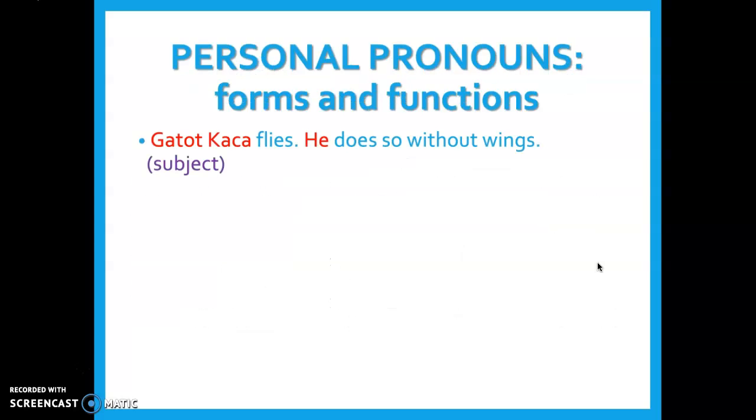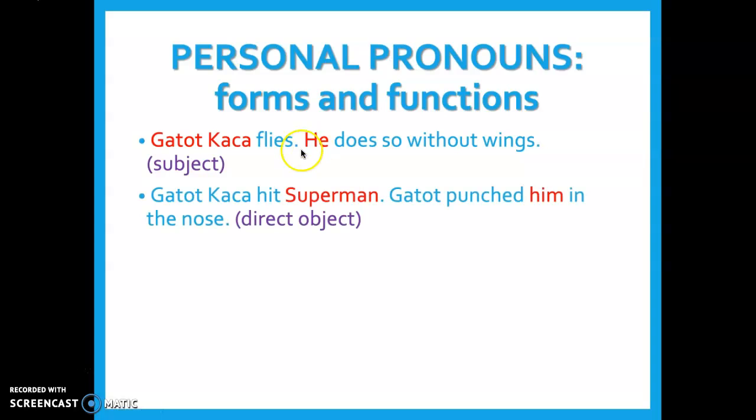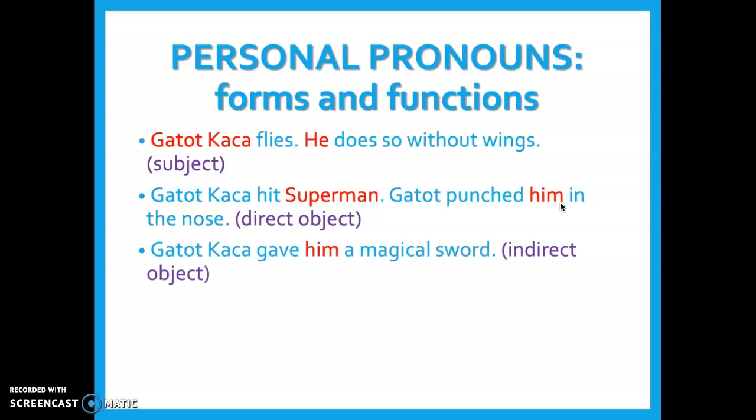For example, that Kacha flies, he does so without wings, and so he appearing in the subject position then becomes a subjective pronoun. Okay, that Kacha hit Superman, gotta punch him in the nose, and so him appearing in the object position is an objective pronoun. Okay.